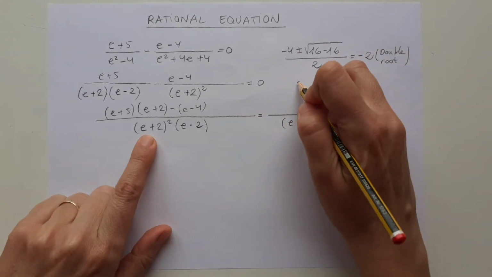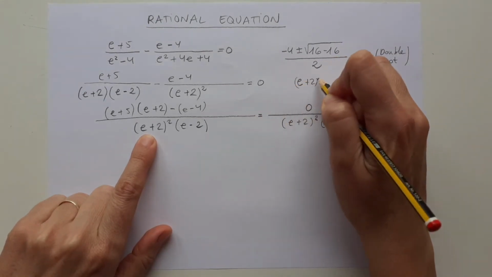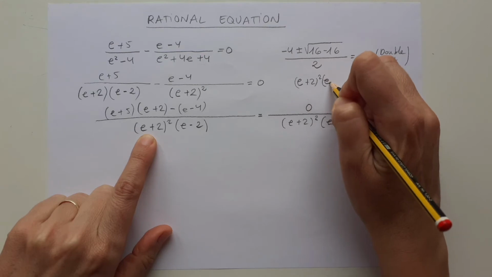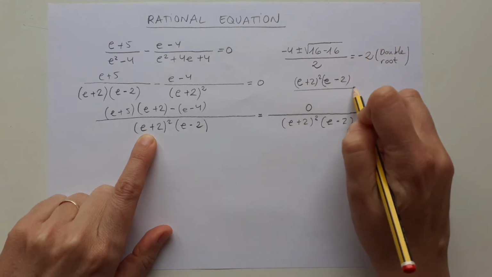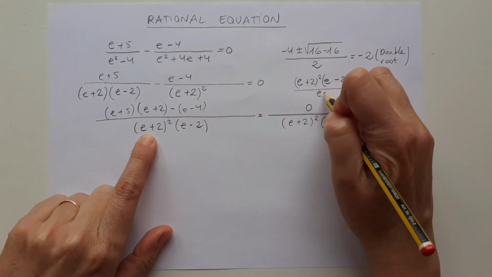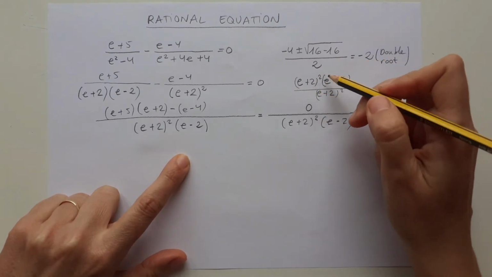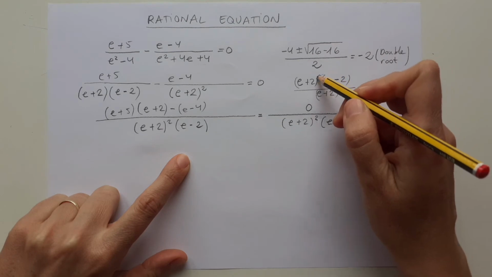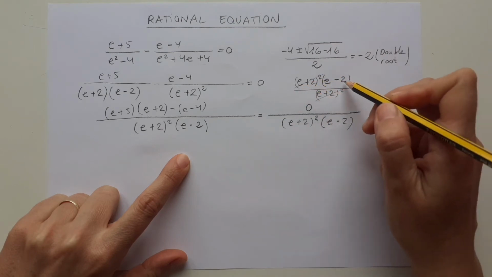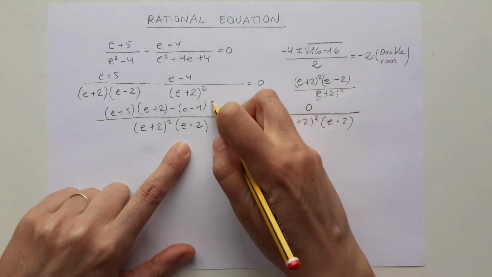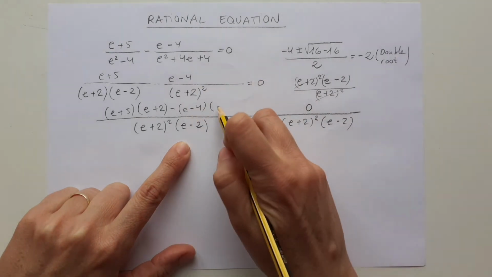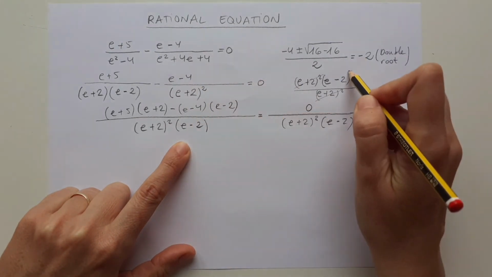I'm dividing this denominator, which is e plus 2 squared, times e minus 2, over e plus 2 squared. Everything is multiplying, so I can simplify by e plus 2 squared. That's why this is the result. And I have to multiply this numerator by this. Alright?